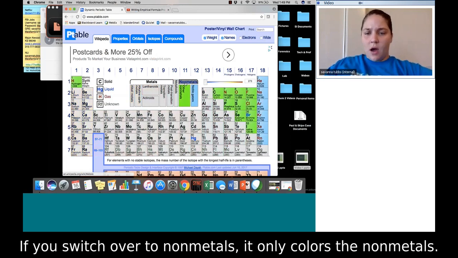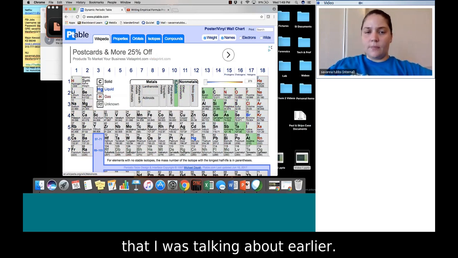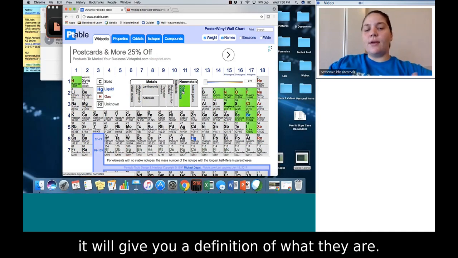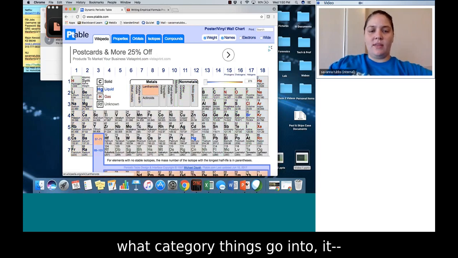If you switch over to non-metals, it only colors the non-metals, and then here are those metalloids that I was talking about earlier. If you click on these, it will give you a definition of what they are, along with being able to identify what category things go into.